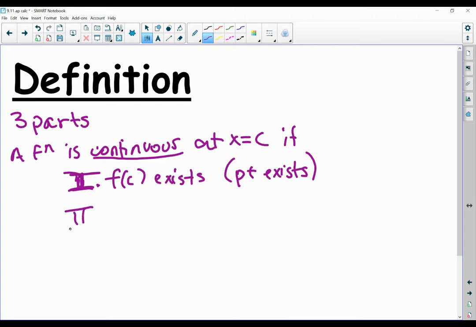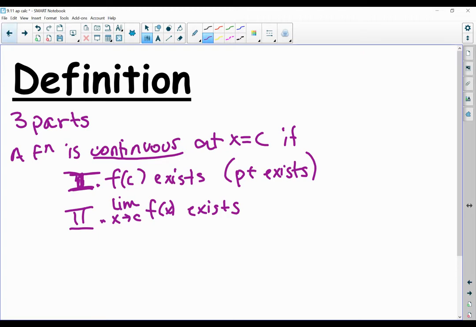Now the second thing is that in order for something to be considered continuous, we have to show that the limit as x approaches c of f of x also exists. What that means is the intended height I'm going to from the left and the intended height I'm coming to from the right have to be coming towards the same height. So there has to be a general limit.